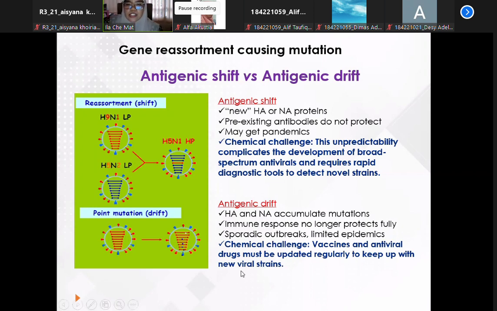So the chemical challenge here is that they have to update the vaccine and the antiviral regularly. But it's not easy to develop a vaccine or antiviral. It takes time. So I think it's important to always get updates about this information.